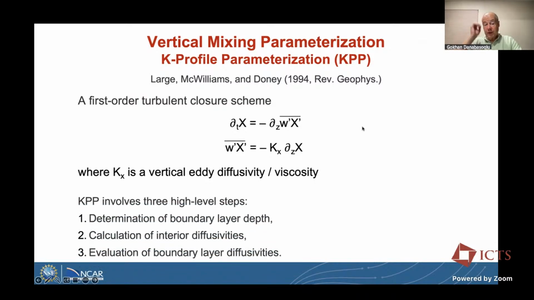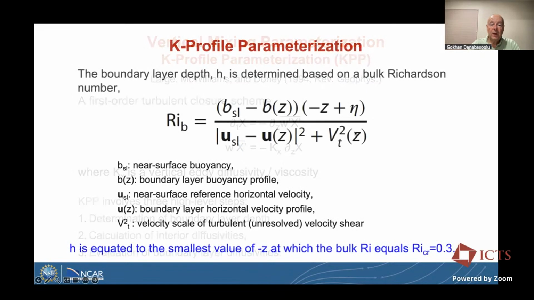KPP involves three high-level steps: determination of the boundary layer depth, as I showed in the previous schematic. We need to calculate the interior diffusivities as the second step. And then in the third step, we match the boundary layer diffusivities with the interior so that interior diffusivities can also be used as a driver of the boundary layer processes themselves.